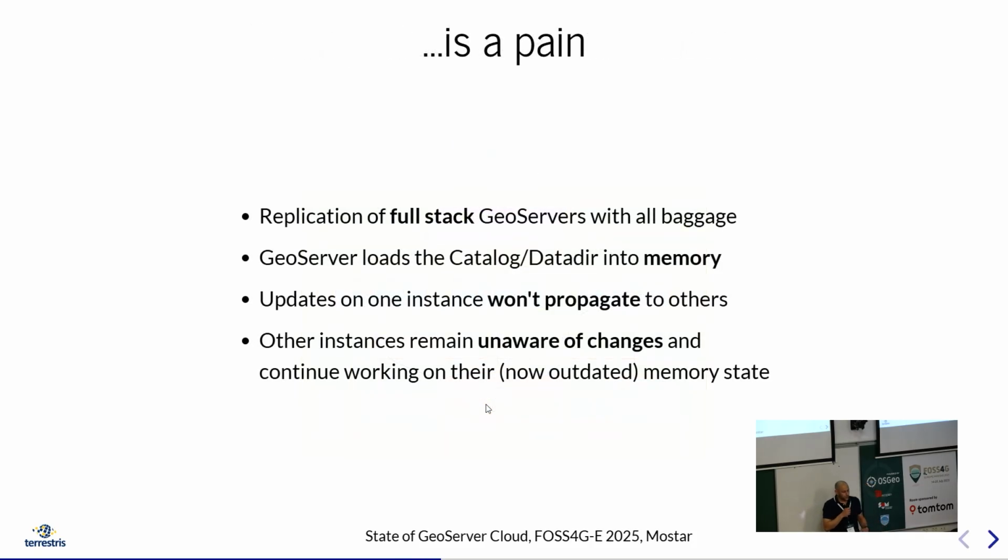But GeoServer, when it starts or whenever you change a setting or publish a layer or whatever, will always load this catalog into memory, which makes sense because you can work efficiently on memory. And the problem is that updates on one instance won't propagate to others. So all the other instances remain unaware of changes and would continue working on their now outdated memory state.